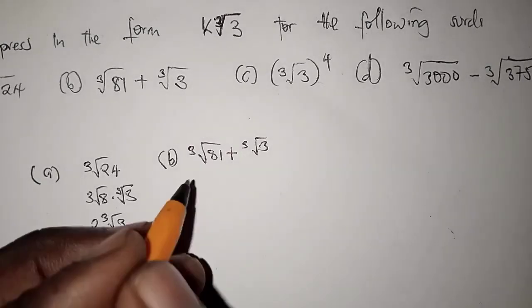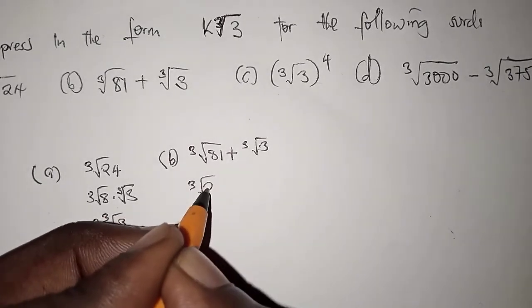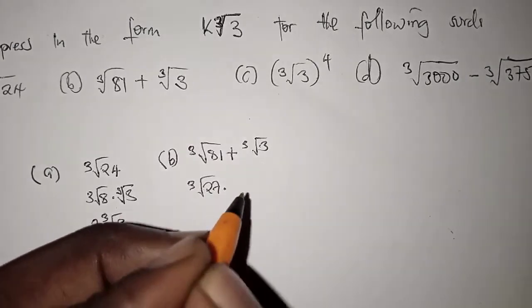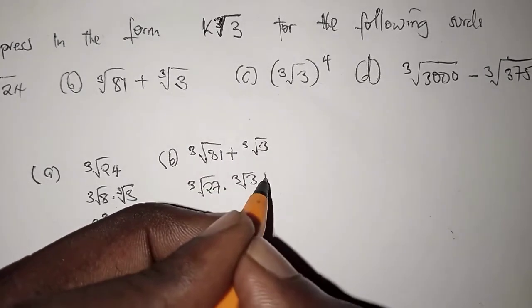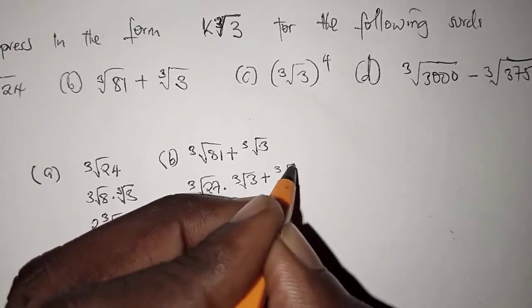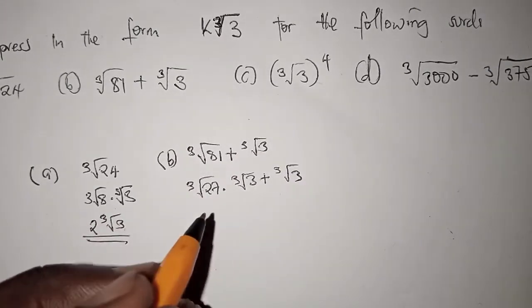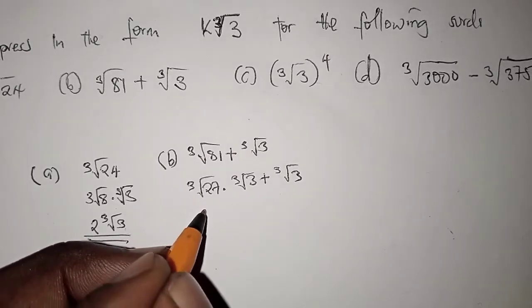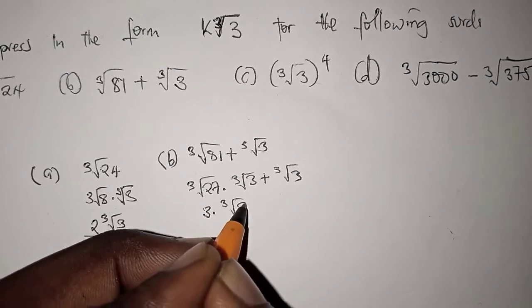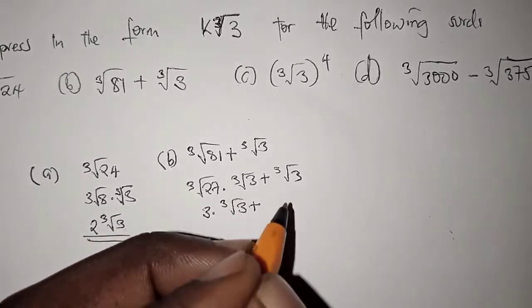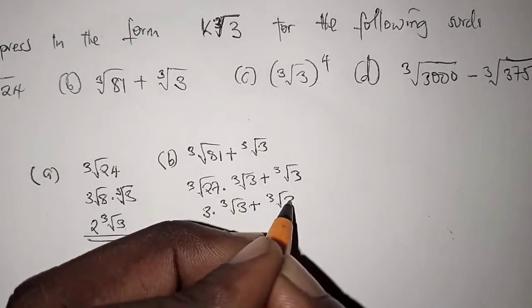These ones are the cube root of 27 multiplied by the cube root of 3, plus the cube root of 3. Now the cube root of 27 is simply a value of 3, which will multiply with the cube root of 3, plus the cube root of 3.